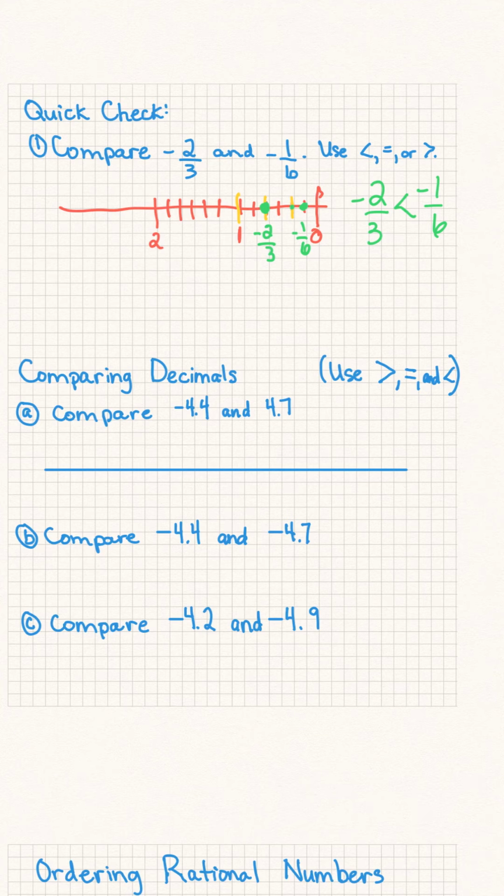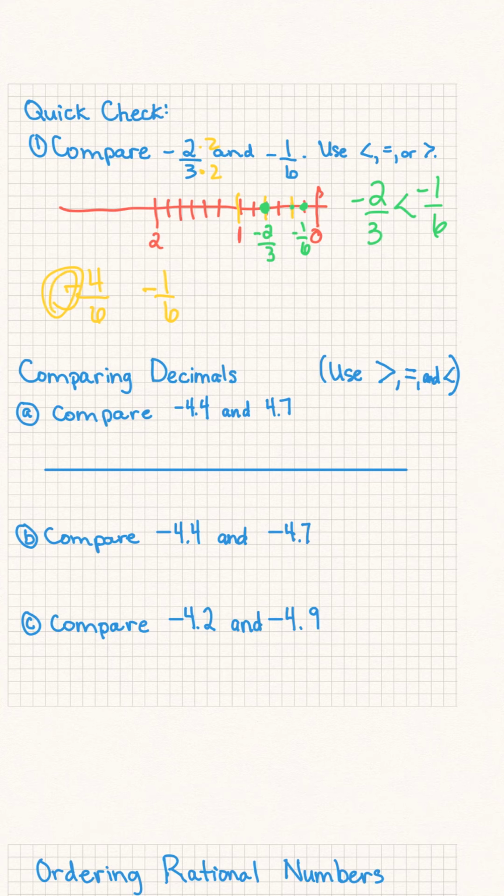If we want to make them have the same denominator, we can do that by multiplying the 2/3. We're going to multiply the bottom by 2, which means we'll have negative 4/6. And so then if we compare that to negative 1/6, negative 4/6 is bigger in the sense that it's a negative.